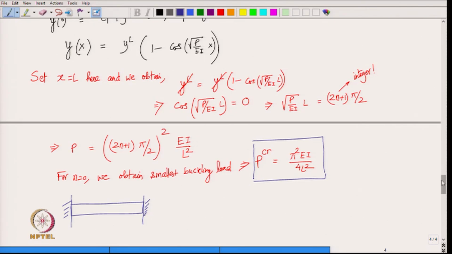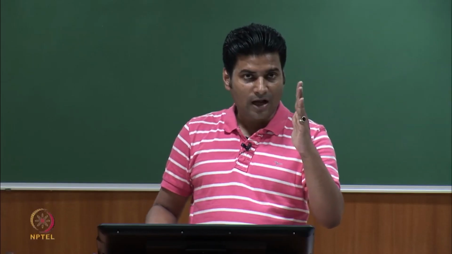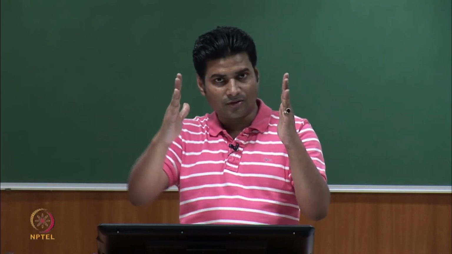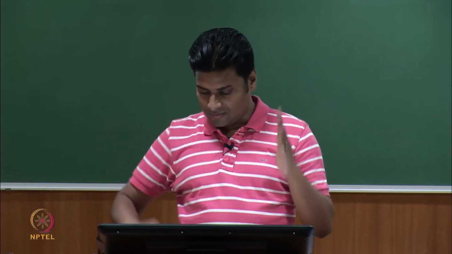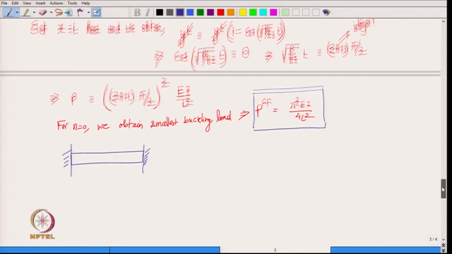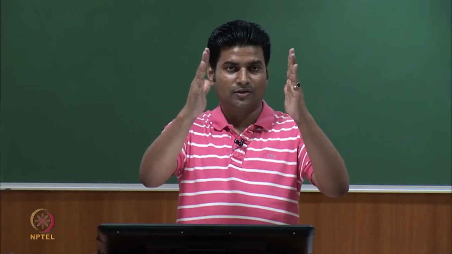In the column buckling case, only one end is clamped. So, it cannot rotate over there, but at the other end the cross section can rotate. But in this picture down here, when both the ends are clamped, neither of the ends can rotate.